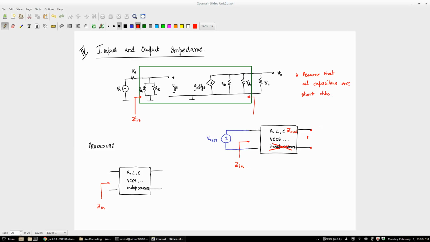Okay. And then you have to find out what you do about the output port. Should you do anything? Not necessarily, leave it open, right? Don't do anything here. That RL will be there, but don't do anything special at the port, correct? So, I will write here, I will say nothing special.